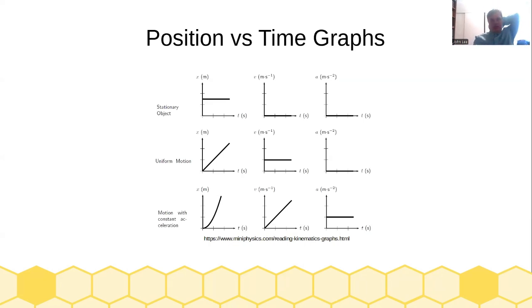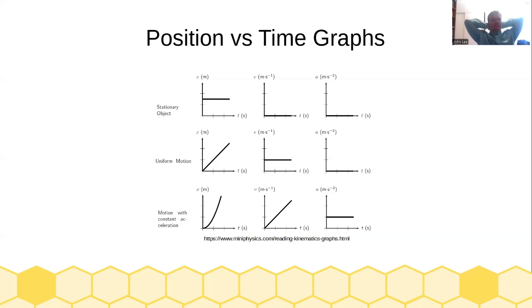Because it increases linearly, the slope of the position versus time graph is going to get steeper and steeper as velocity increases, which means that it's going to cover more and more ground the longer time goes on.